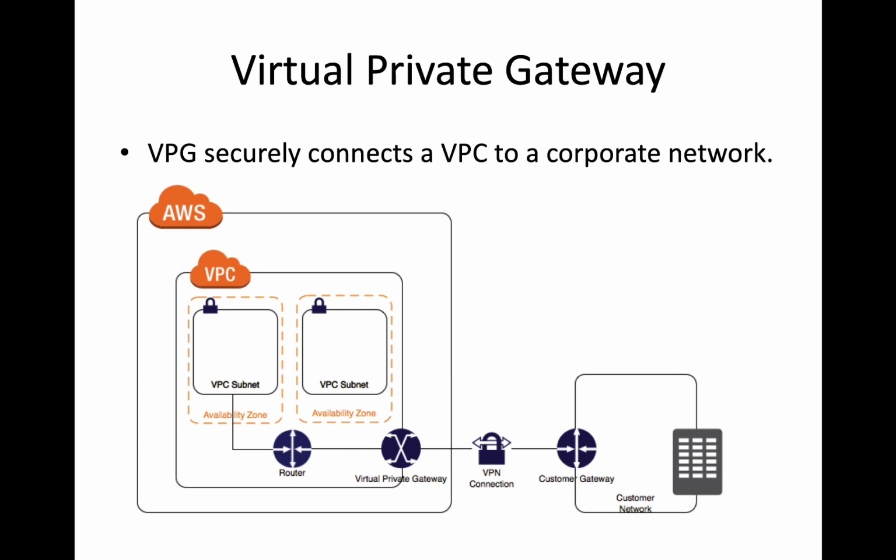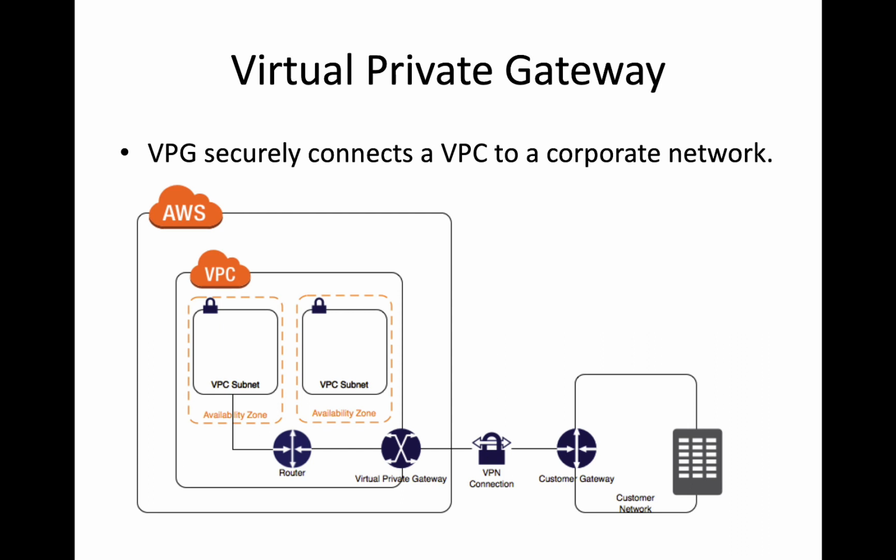A couple other things I want to cover related to VPCs. You can securely connect a VPC to something like a corporate network using what's called a virtual private gateway. A virtual private gateway is a resource that you attach to your VPC and allows you to create a VPN connection to a gateway within your office network.